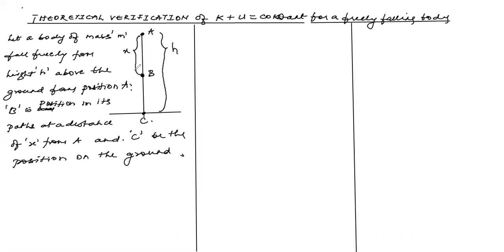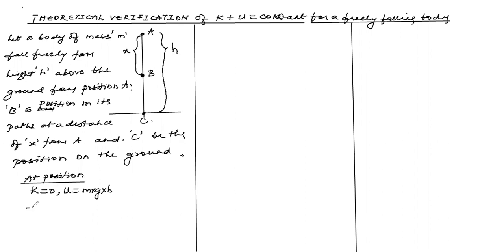Suppose at position A, beta, the body is actually at rest. That means there is no kinetic energy, because kinetic energy exists only when the body is in motion. So kinetic energy is zero, K equals 0. And what will be U, potential energy? Mass into acceleration due to gravity into height, mgh.